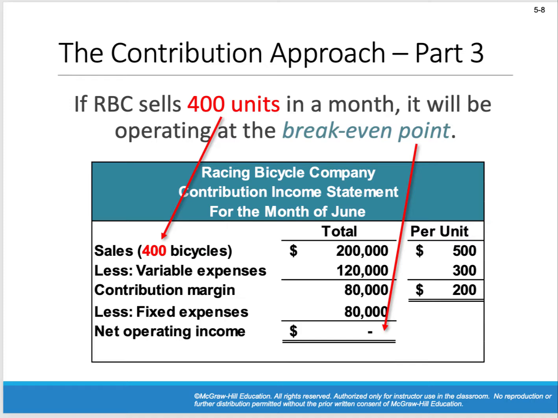Okay. From that, we need to subtract out our variable expenses, right? Notice our total variable expenses are $120,000. How did they get that? Well, they took the variable expense per unit, which is $300, and they multiplied it by the sales volume, which is 400 units. That's how we got the $120,000.